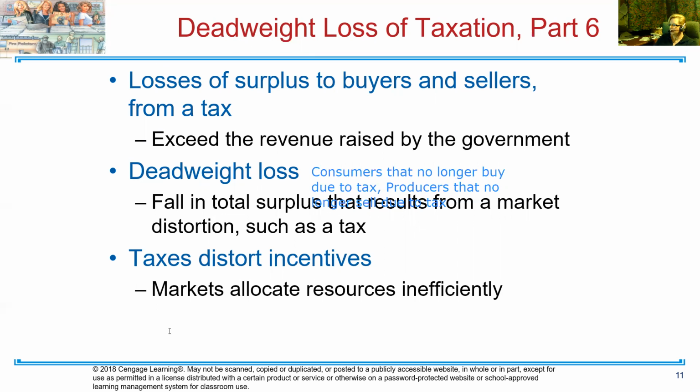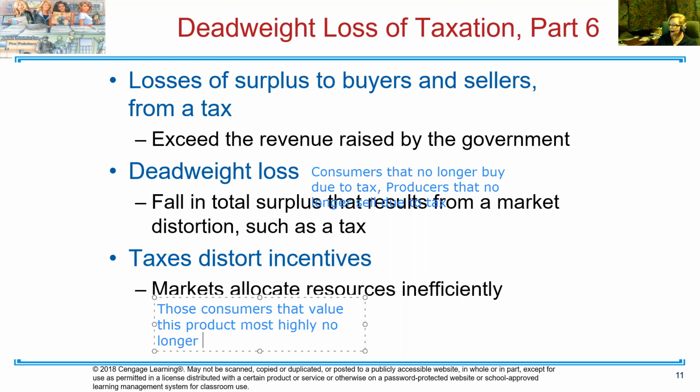What do we exactly mean by that? We mean that those consumers that value this product most highly no longer are able to get it, because some of those consumers have dropped out of the market because of the tax.